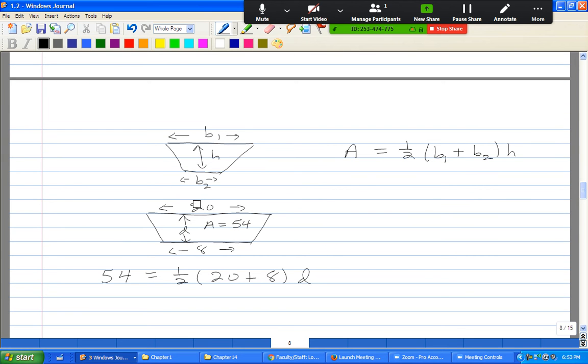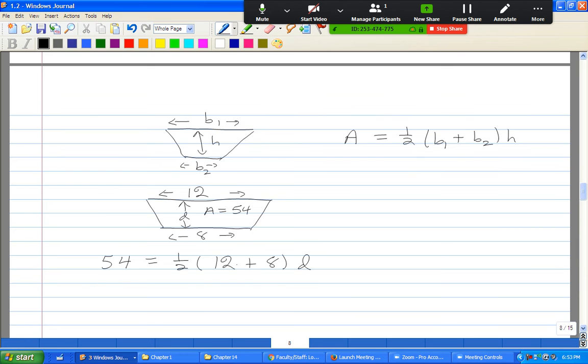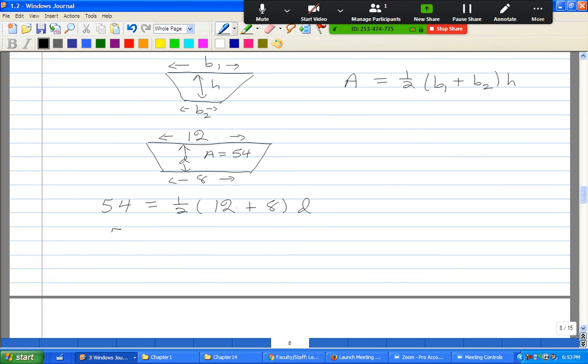That's a 12. I wrote the wrong thing. That's a 12. 12 plus 8 gives me 20. 20 divided by 2 is 10.